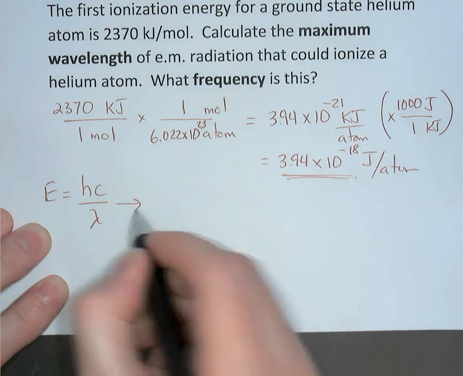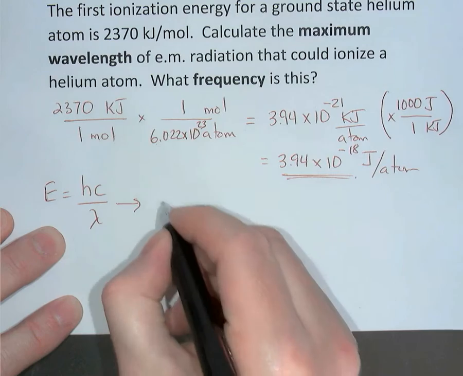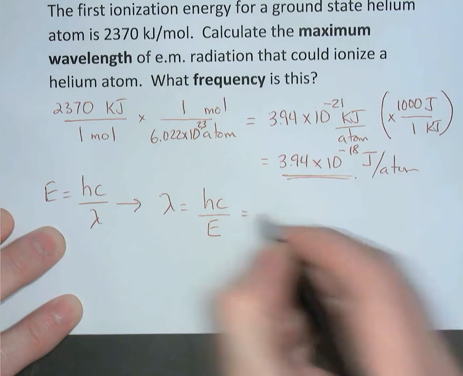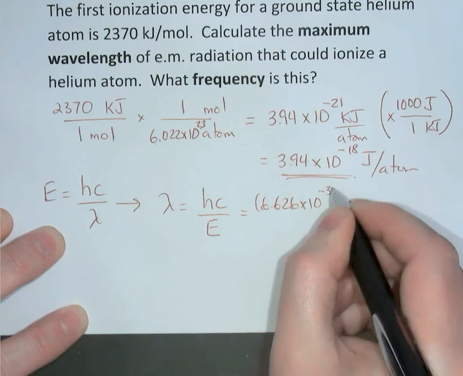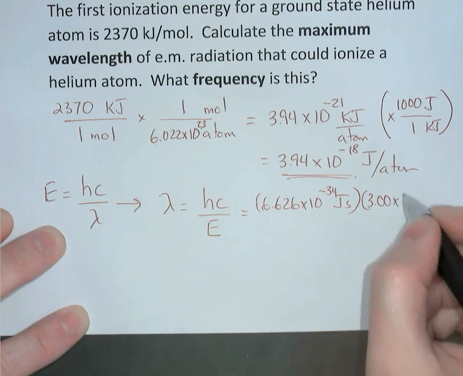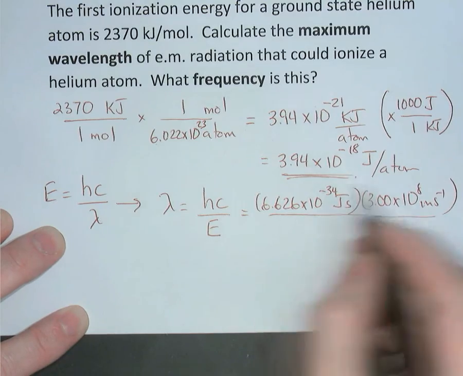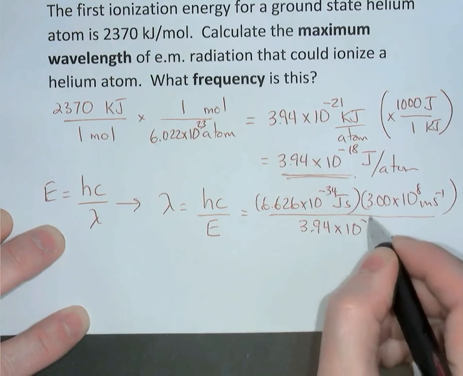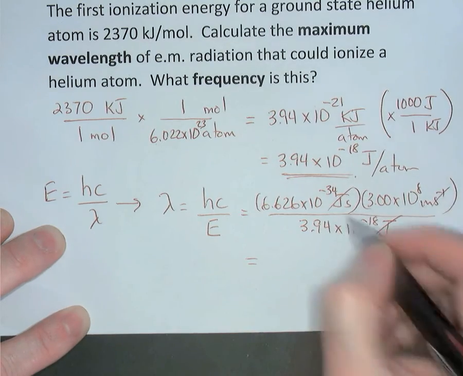So if we rearrange this, multiply both sides by lambda, and then divide both sides by E, we get lambda equals hc divided by E. So using Planck's equation, 6.626 times 10 to the minus 34 joule seconds, Planck's constant, 3.00 times 10 to the 8 meters per second, speed of light, divided by this energy required for 1 atom, 3.94 times 10 to the minus 18 joules, and we're going to get joules canceling, seconds canceling.